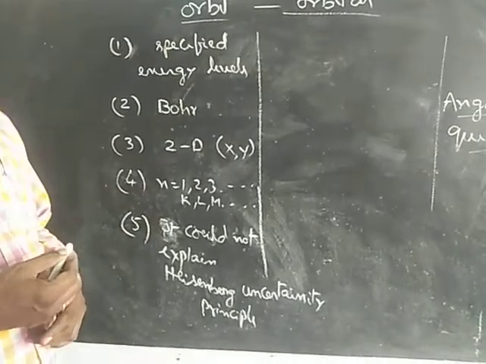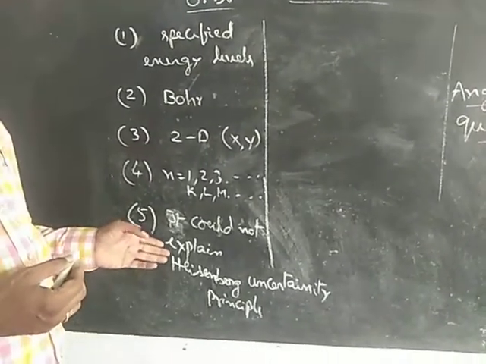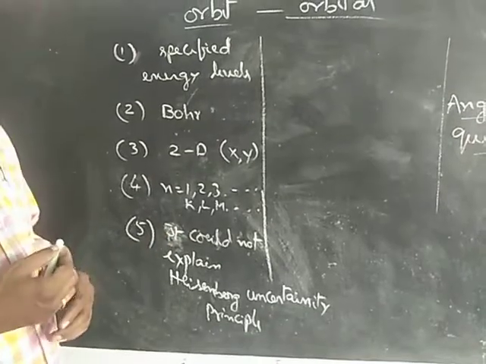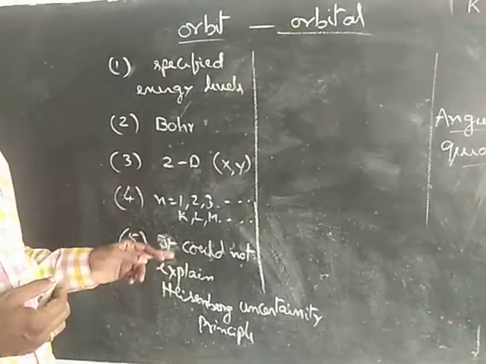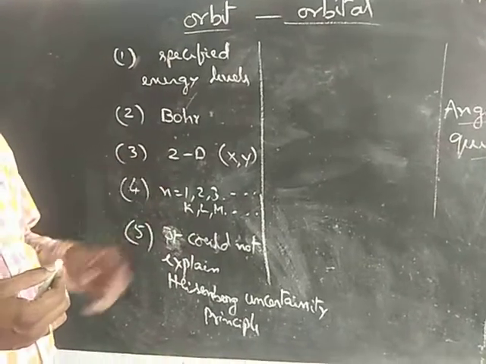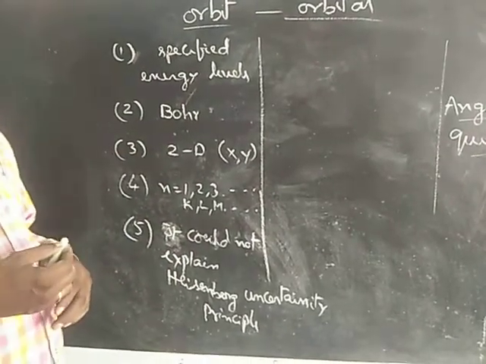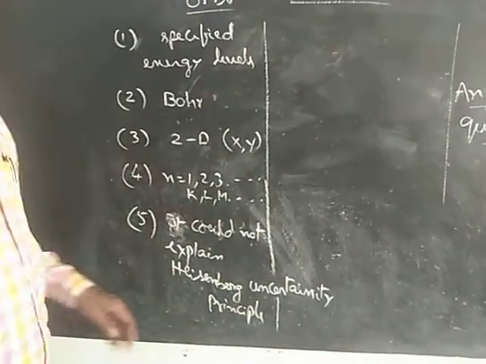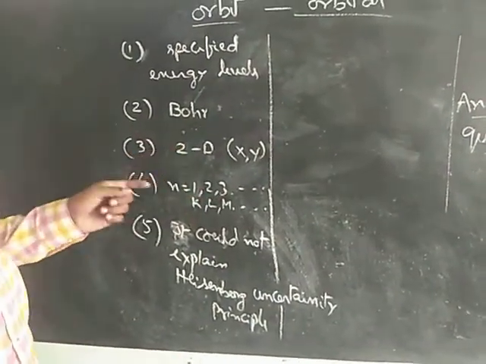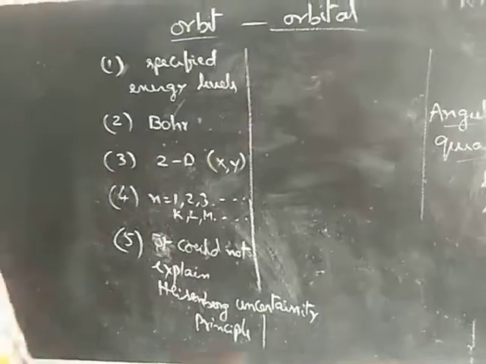That means we cannot say the exact position and velocity of the electron. This was proposed by Heisenberg. The Heisenberg uncertainty principle means it is not possible to find out the velocity and exact position of the electron while it is moving around the nucleus. That is the Heisenberg uncertainty principle.